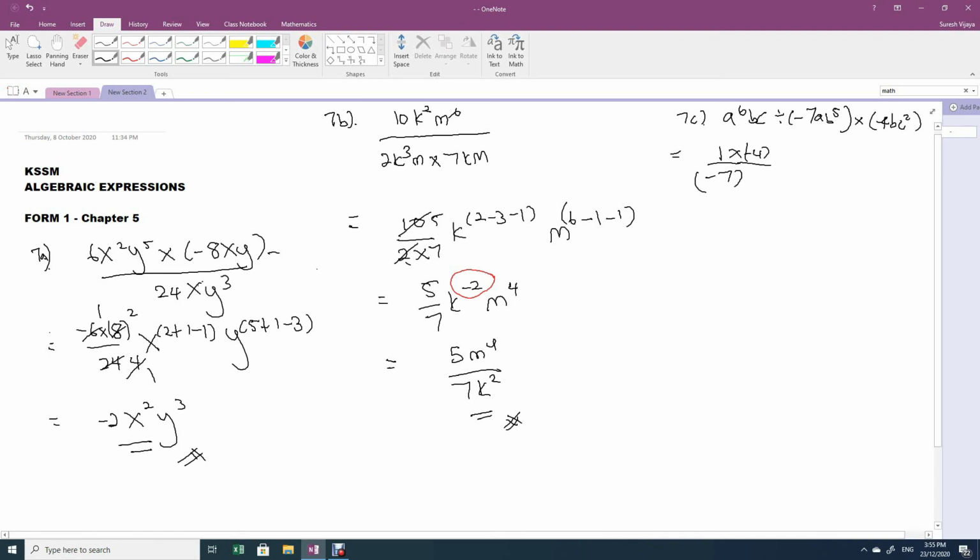Then for the variable a, 6, since it's divide, it will be minus 1, and the other one, there's no more a, so it's 6 minus 1. Then we have b to 1 minus 5 plus 1, because it's multiplied, and we have c to 1 plus 2.